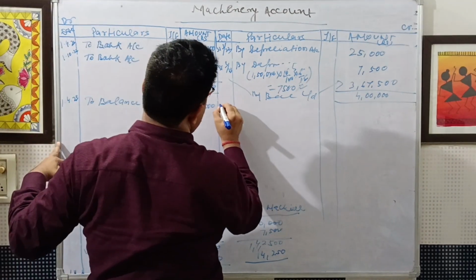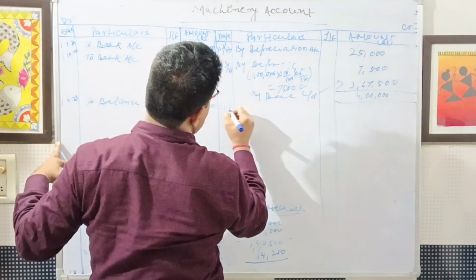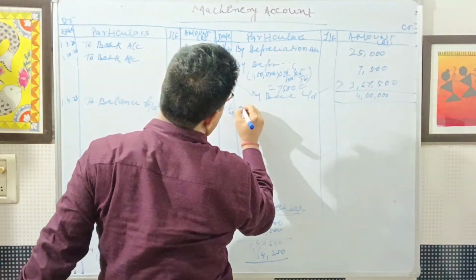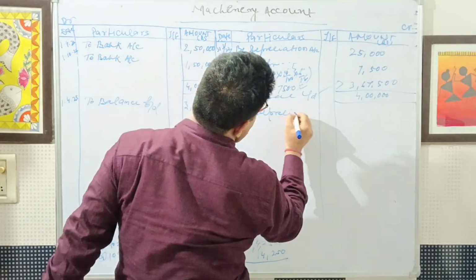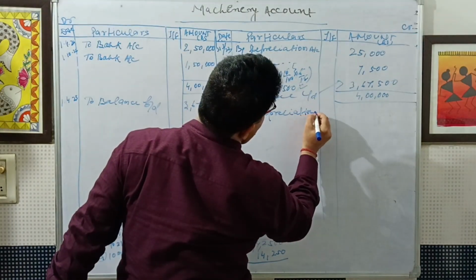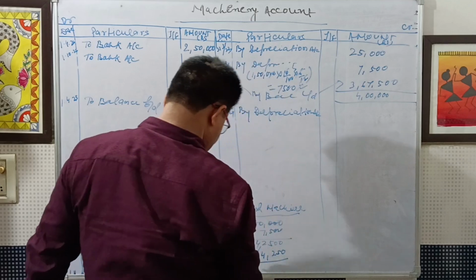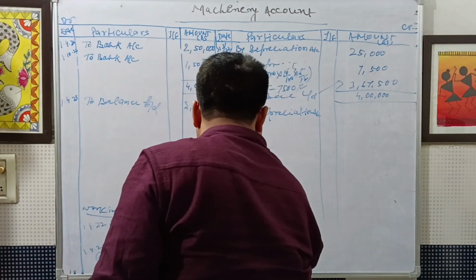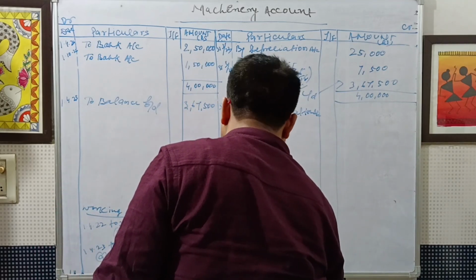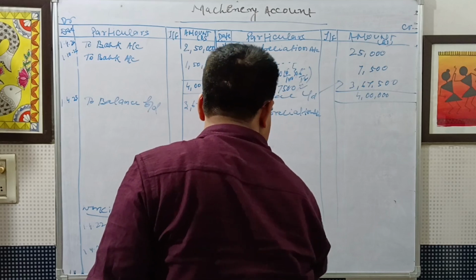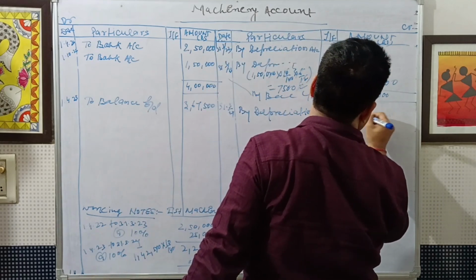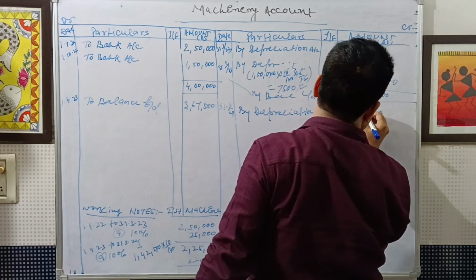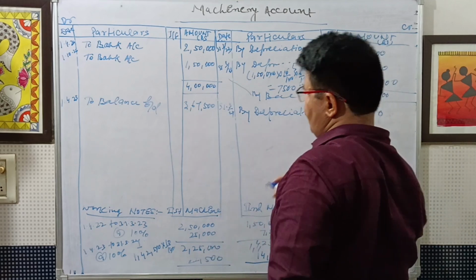So write down here, by 31st March 24, by depreciation account, how much? 22,500 plus 14,250, it means 36,750. So 36,750 is the depreciation.